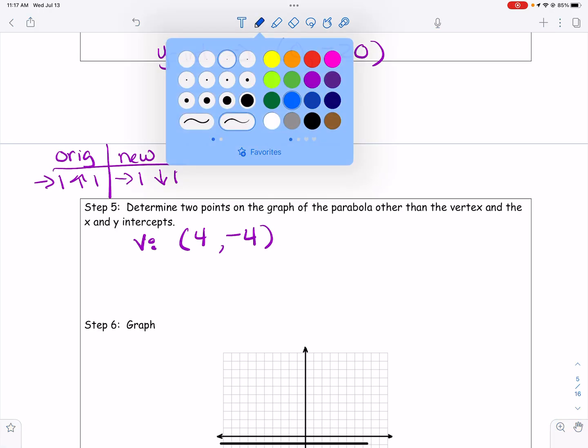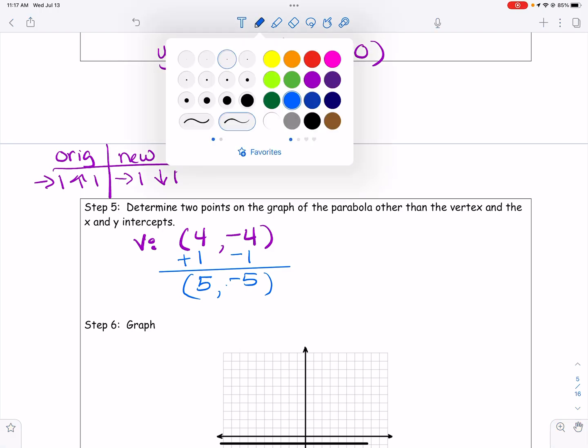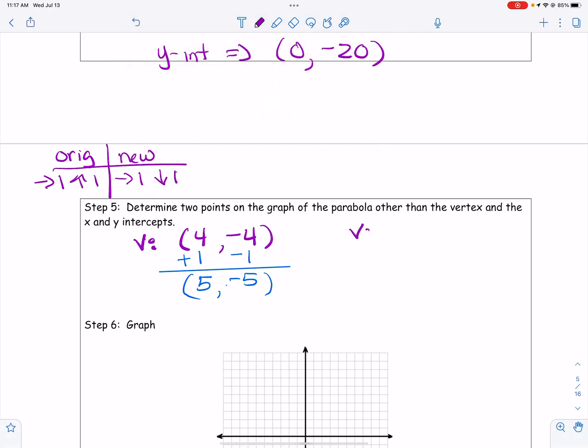So that means that if I move right, I would add 1, but if I move down, I would have to subtract 1. So that means the next point would be 5, -5, okay? Then I could also take the vertex, and so 4, -4.